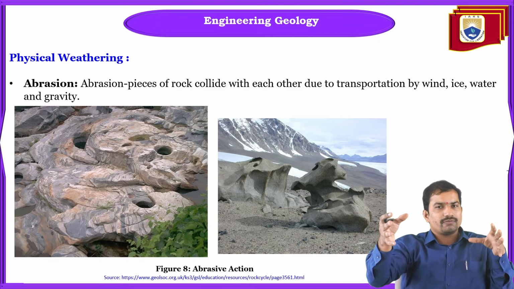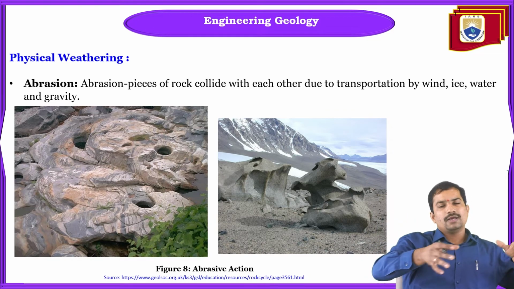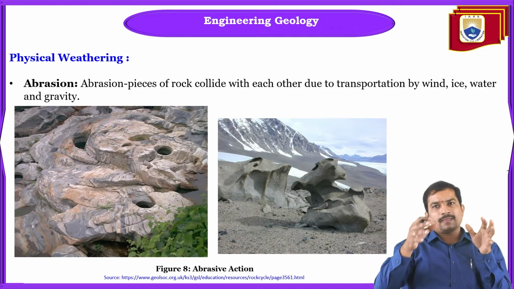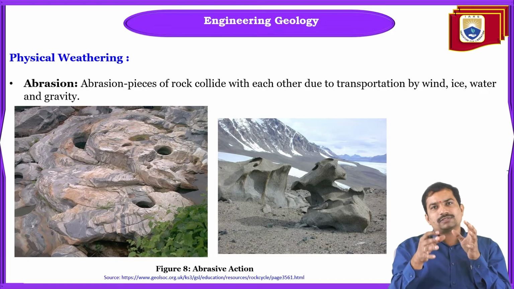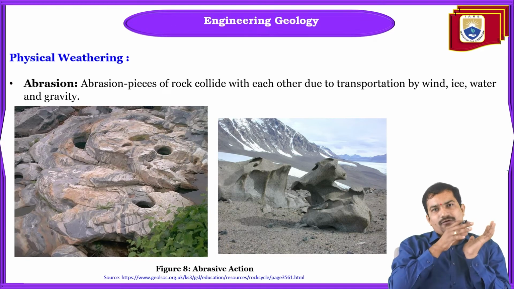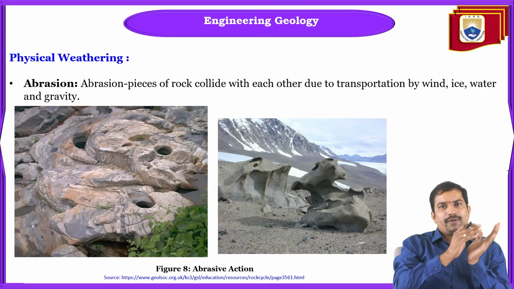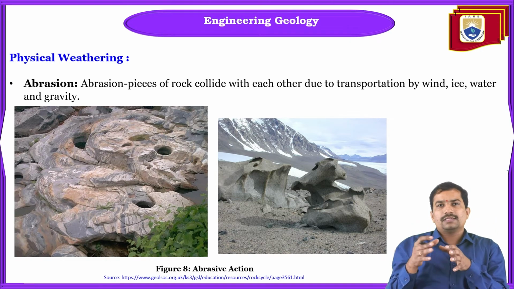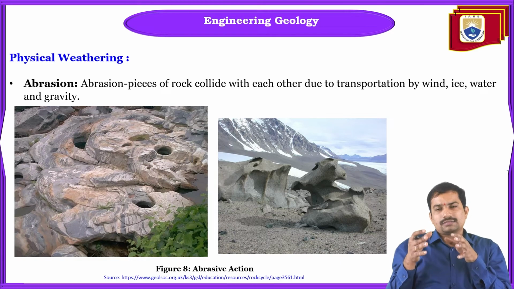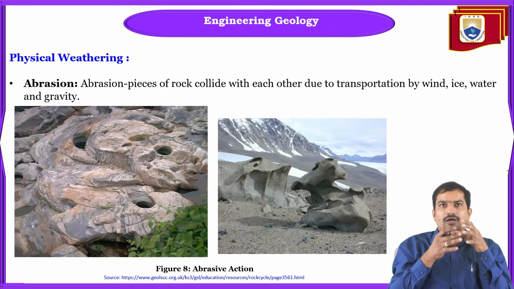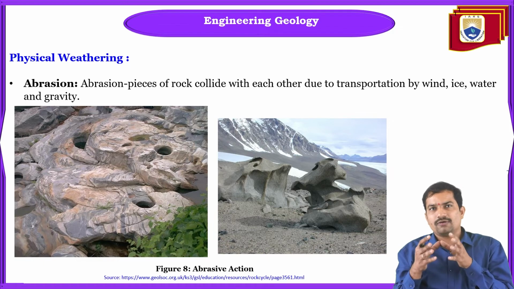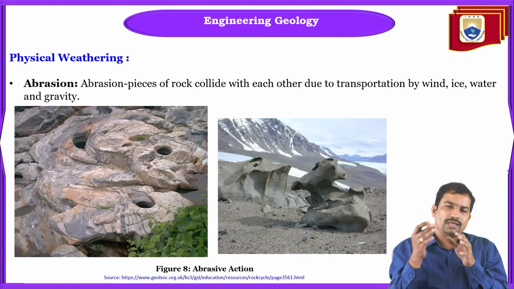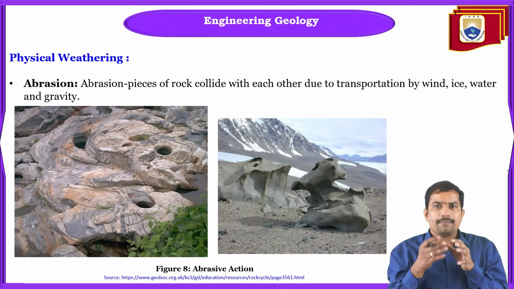Also, when water travels from one place to another, the continuous movement increases the abrasive forces, and it may peel off the material little by little, and the material starts degrading as time passes. So this is the action of abrasion, where the material starts peeling off due to the abrasive effect.